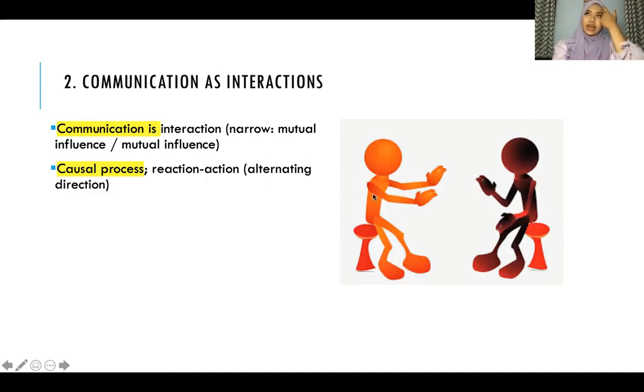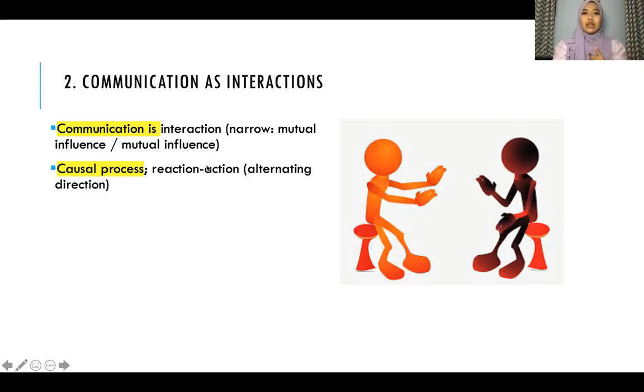For example, I say hi as A, then you as B say hi, Mbak Ida. That is called communication as interaction, because there are a causal process and action and reaction.